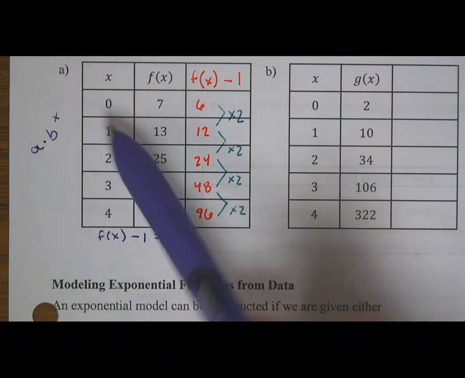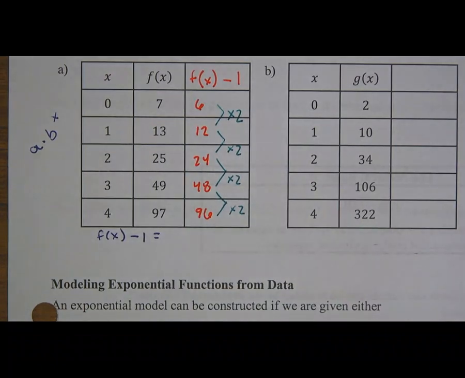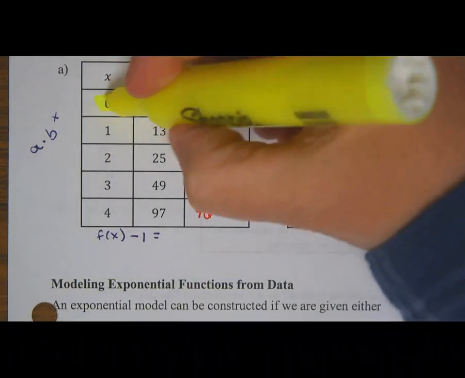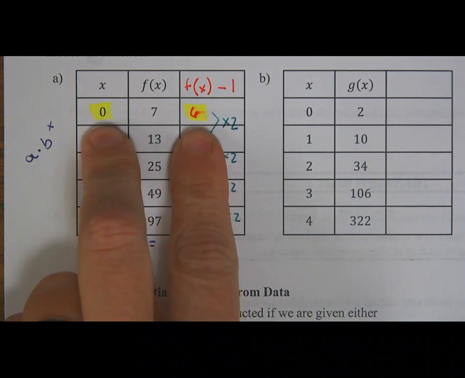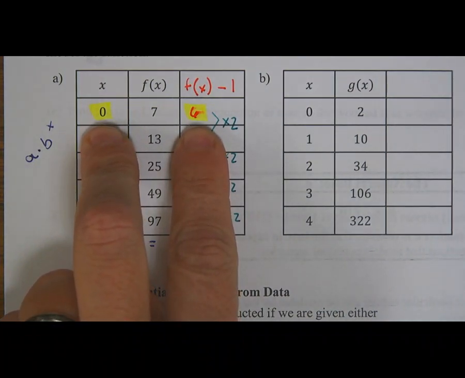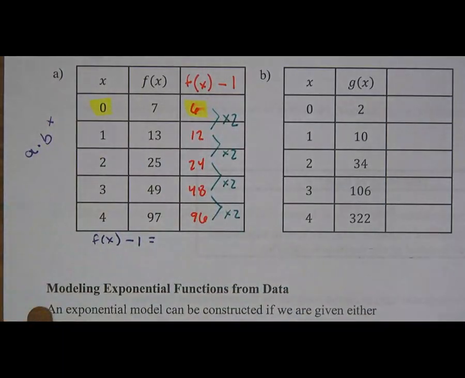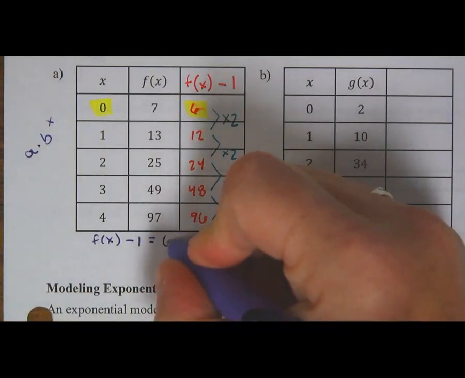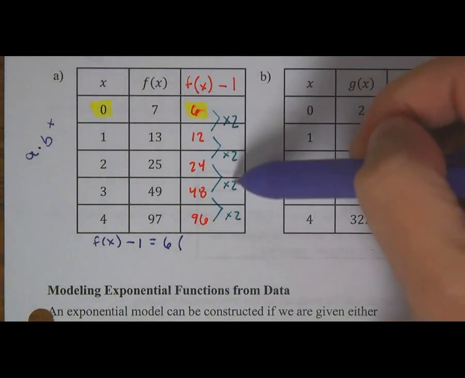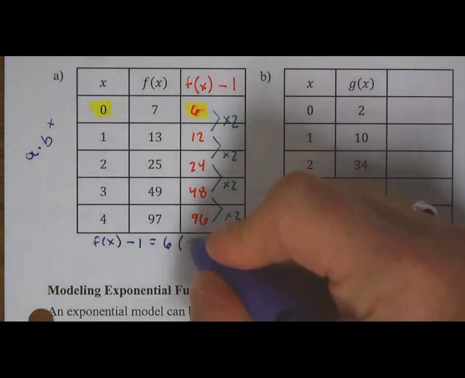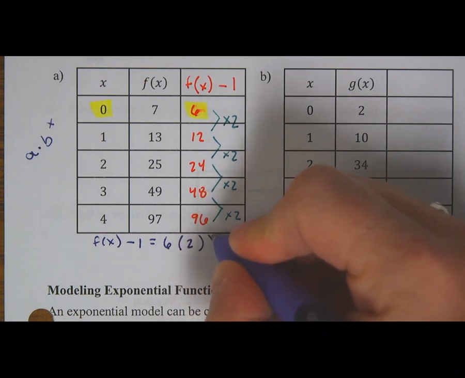When you're trying to figure out a, look at what is next to 0 in the table. That's your initial value, that's your starting value. So the starting value of f of x minus 1 is 6. So that's a. 6 times what did we multiply by each time? 2, that's your b value, and then to the x power.